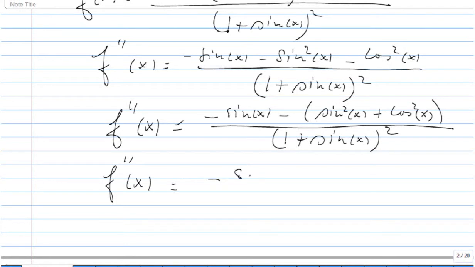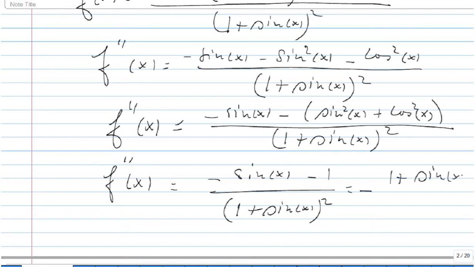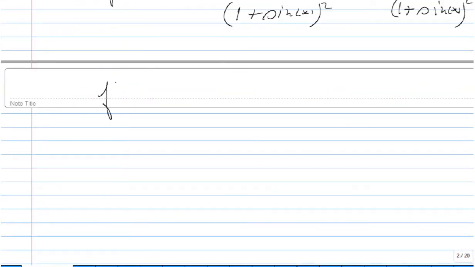So we get minus sine x minus 1 over 1 plus sine of x squared. If I take the minus out, this will be minus 1 plus sine of x over 1 plus sine of x squared. Cancel the 1 plus sine of x from top and bottom, and I will find this is minus 1 over 1 plus sine of x.